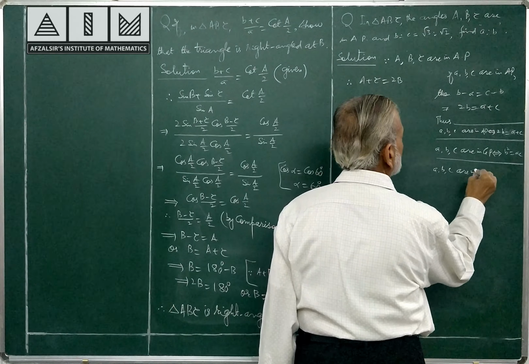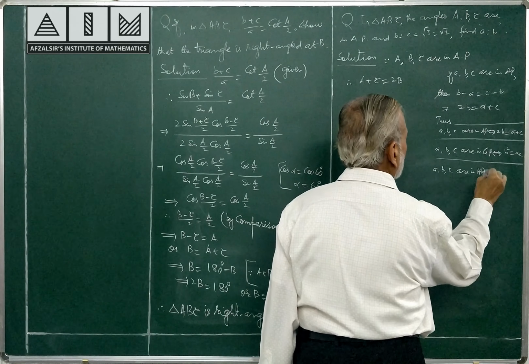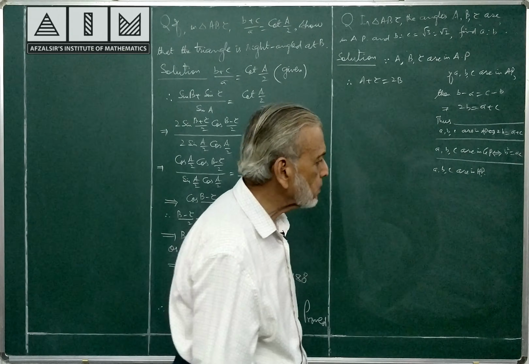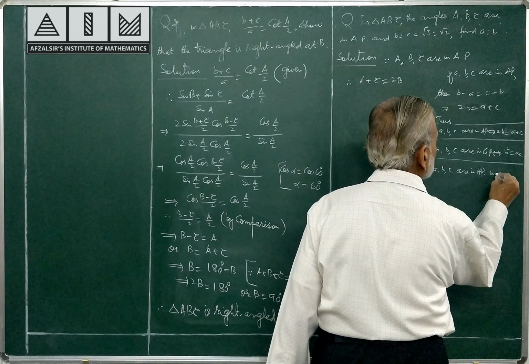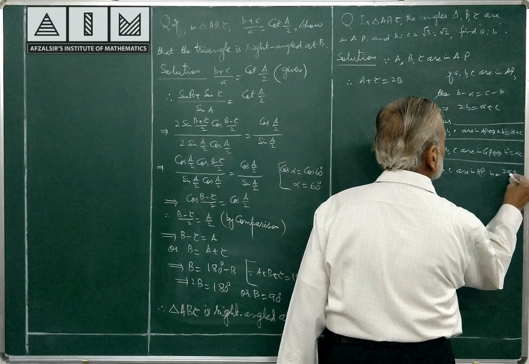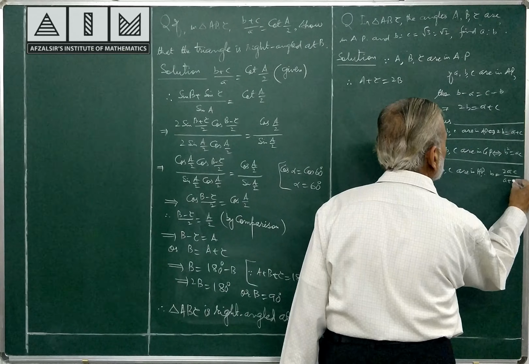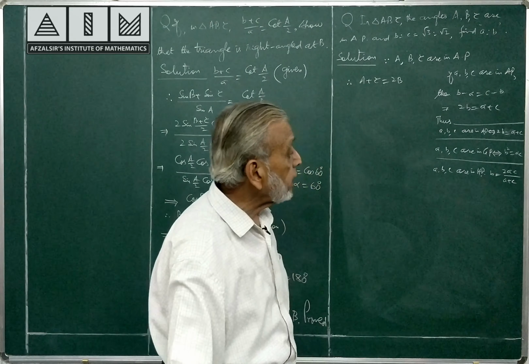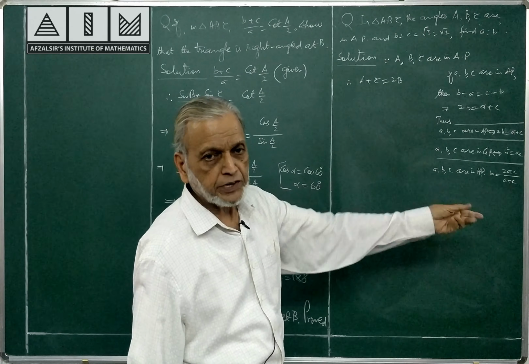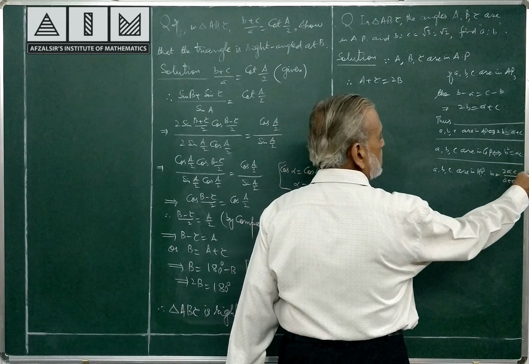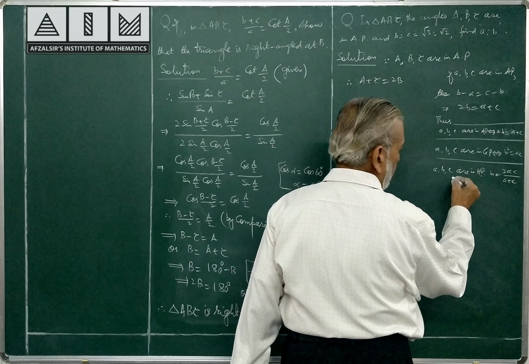Last, harmonic progression. If A, B, C are in HP, B is equal to 2AC by A plus C. Conversely, if B is equal to 2AC by A plus C, A, B, C are in HP.